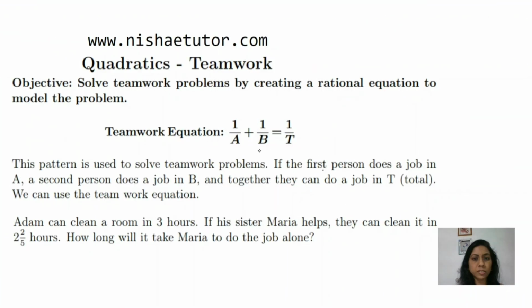So according to this equation, there are two people: one is Adam and the second one is his sister Maria. Adam takes 3 hours to do this work alone, and Maria we don't know, so we will let it be x, and the total is 2 2/5.